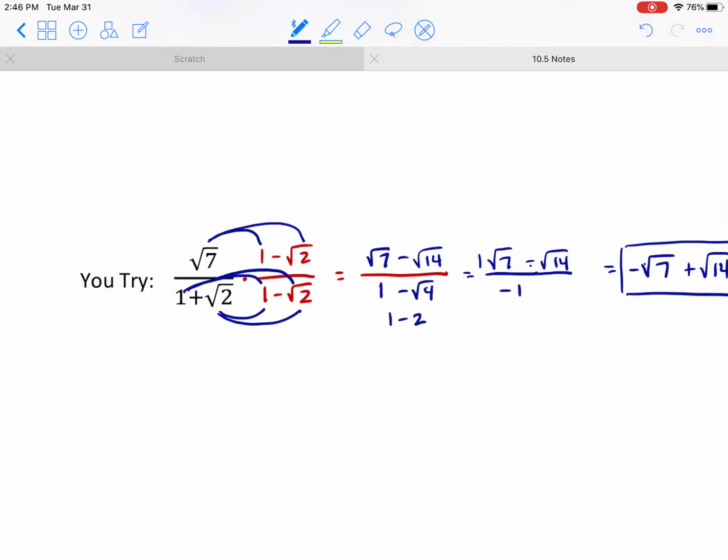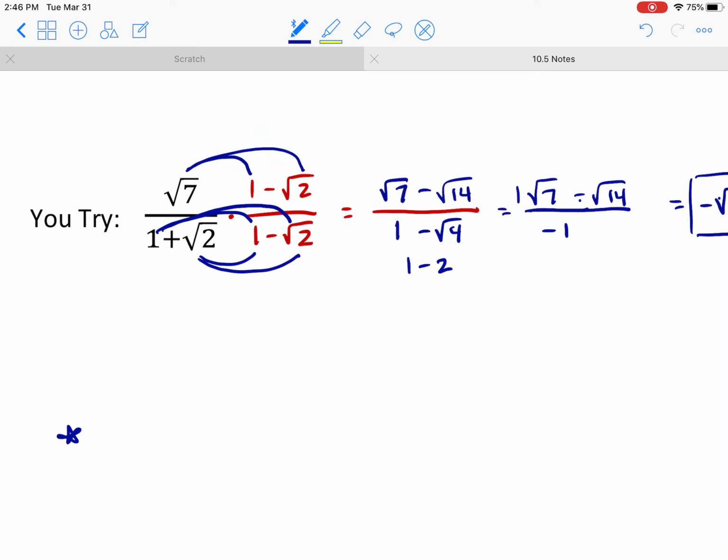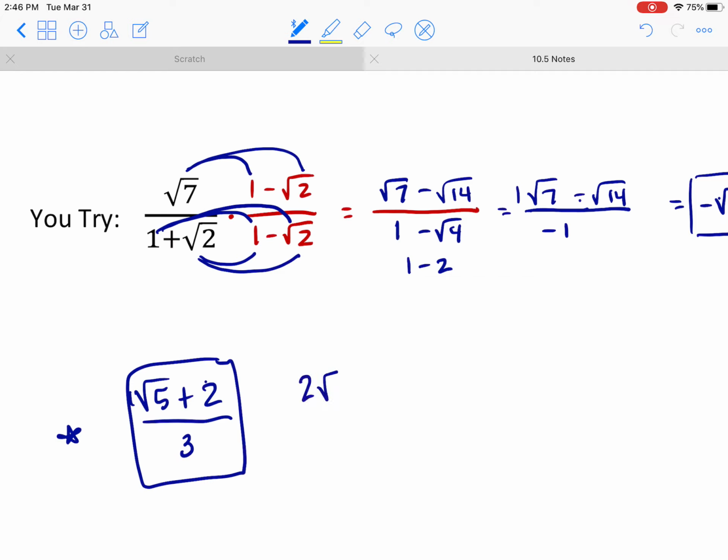Now, these both worked out to be 1s on the bottom of the fraction. That won't always be the case. Just, as a last little side note, let's say you did some multiplication and you had something like radical 5 plus 2 all over 3, then your answer would be stuck in that form because the 1 and the 2 aren't divisible by 3.